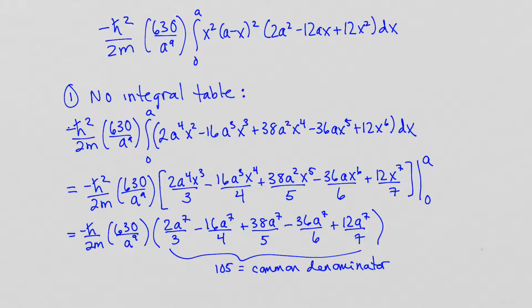Okay, so then you would end up with all of your constants times your expression that you end up with when you put in your common denominator.